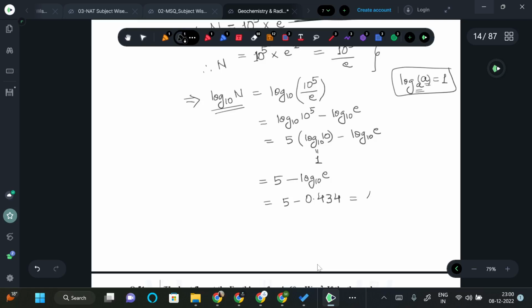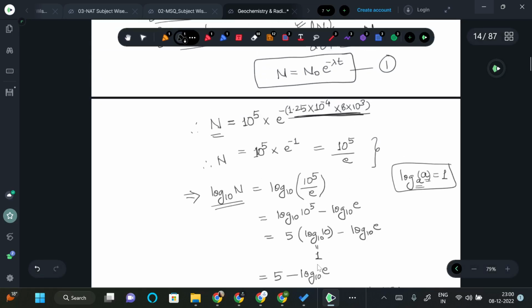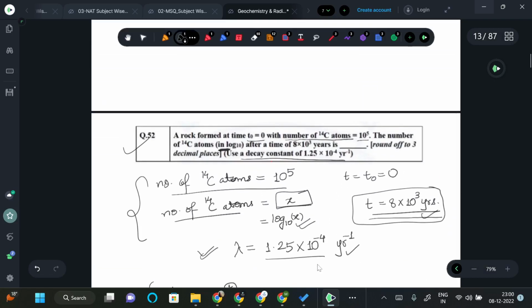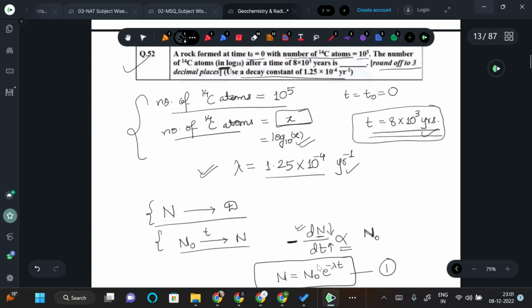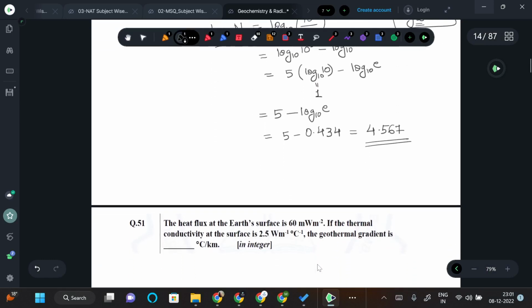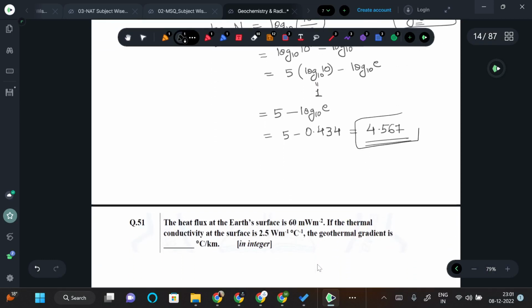So this will come out to be 4.567 we can write to round off. 4.567, okay? They have asked up to 3 decimal places. So this is what we are getting here, 4.567 up to 3 decimal places.